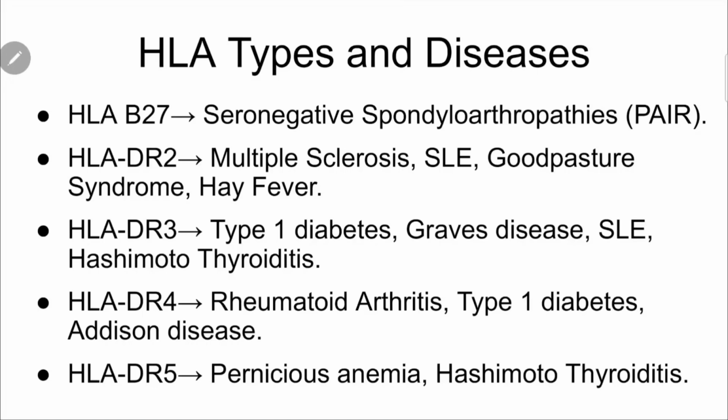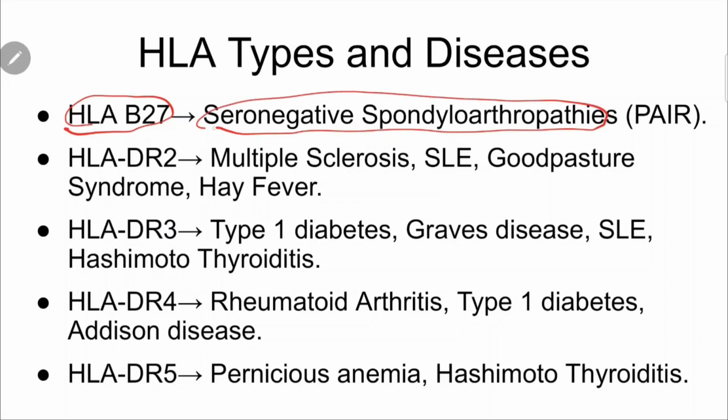Okay, so first of all is going to be HLA-B27. Out of all of these over here, the most important one is going to be HLA-B27, and I want you to know about this the most. It is associated with seronegative spondyloarthropathies. Seronegative means that the diseases lack rheumatoid factor. If I'm going to make this very easy, rheumatoid factor is going to be your IgM antibody.